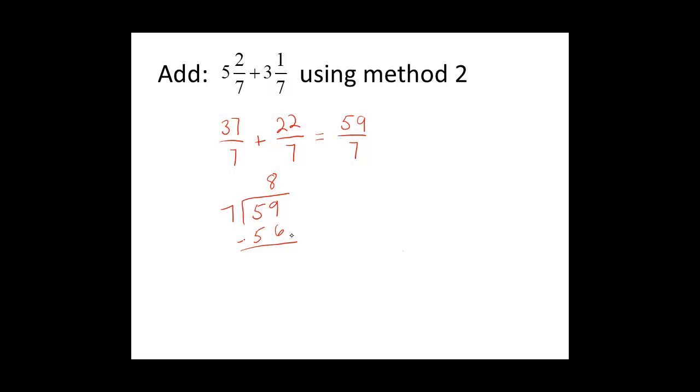We subtract and get 3. Our numerator is 3 and our denominator is 7. So this is the same as 8 and 3/7. So 59/7 is the same thing as 8 and 3/7.